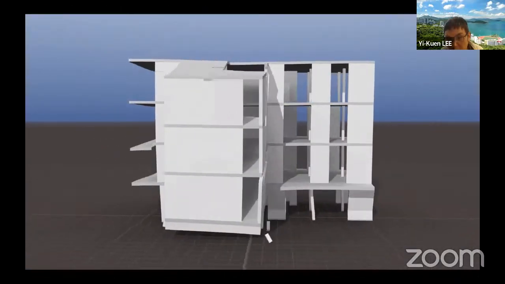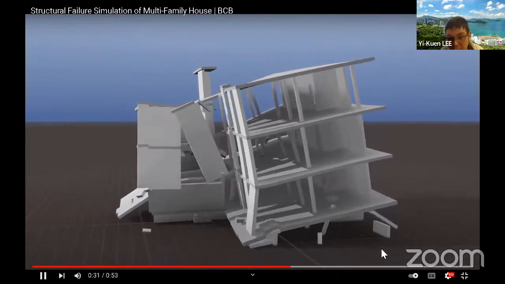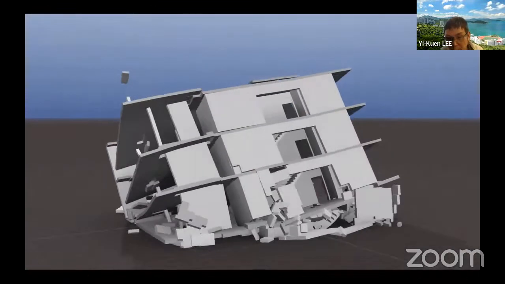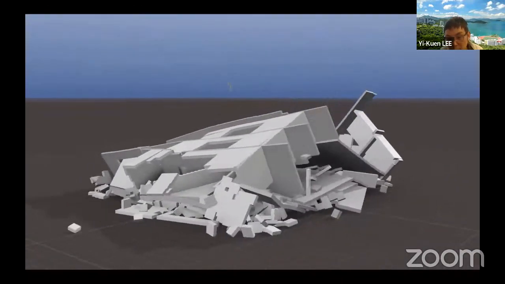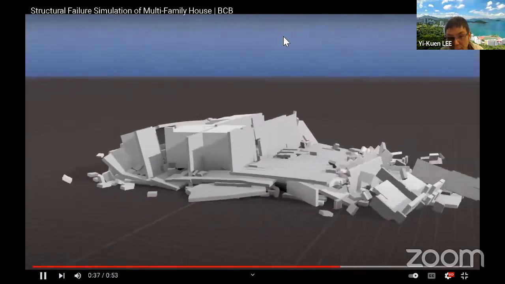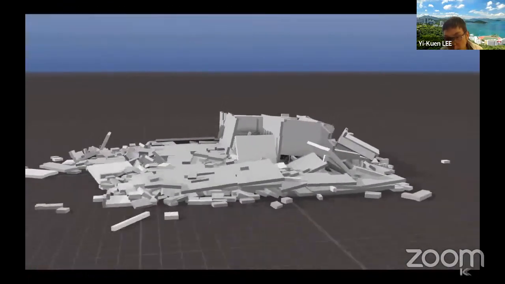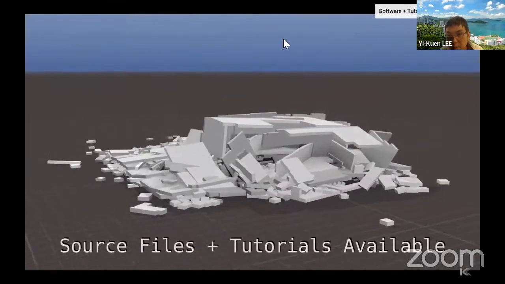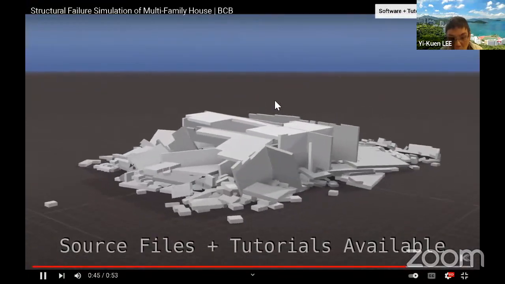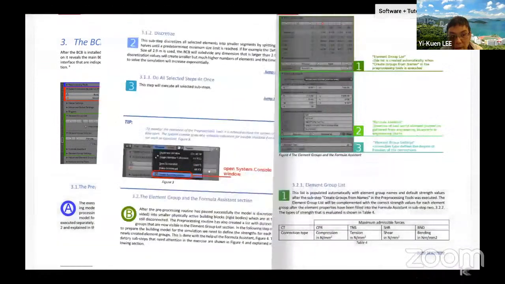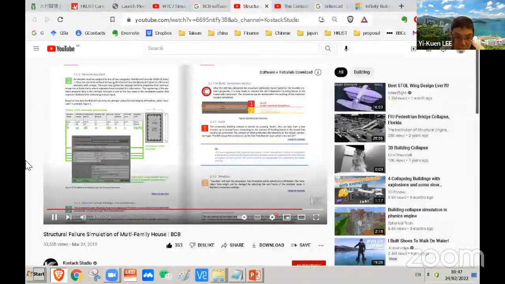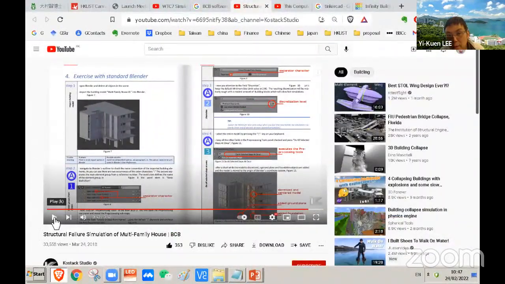Unfortunately, still every year we see some buildings collapse, sometimes due to poor design, sometimes poor construction, sometimes aging, or sometimes additional loading, maybe some external unexpected loading.